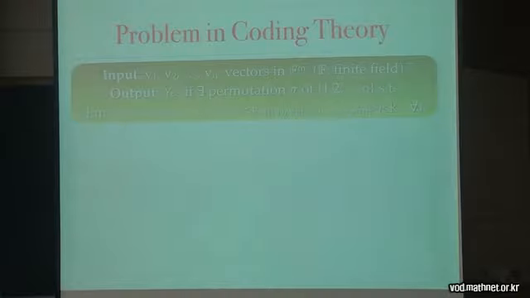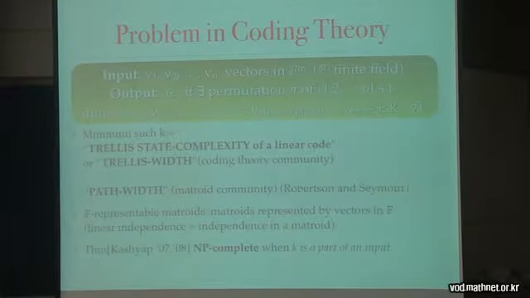If you have a good permutation with small dimension for each cut, then you might have good properties. If you can find a minimum k such that such a permutation exists, then this k is called the trellis state complexity of a linear code, or simply the trellis width.